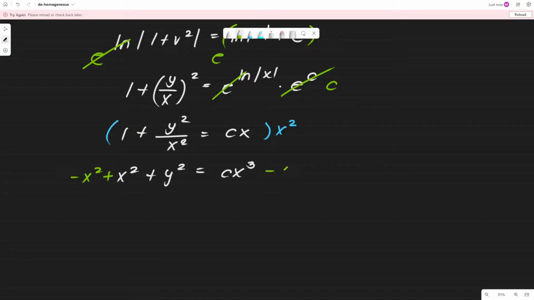Ayan. Then, dito naman minus x squared. So, mapapansin ninyo, common yung x squared, so pwede natin siya i-factor out. Ito naman ay makakancel na. So, we will have y squared is equal to x squared multiplied to cx minus 1.